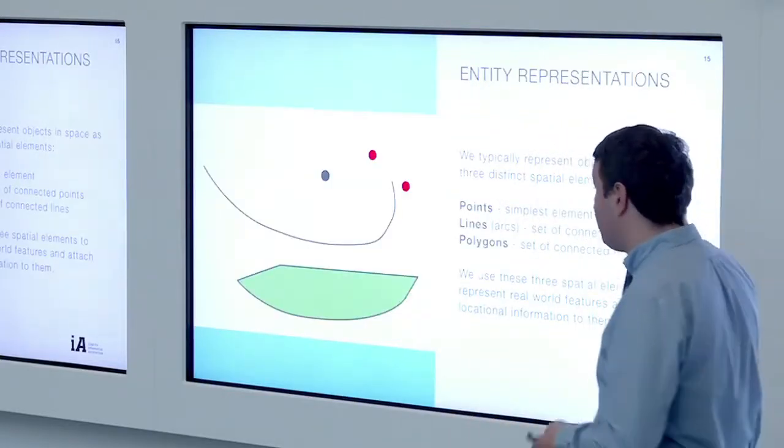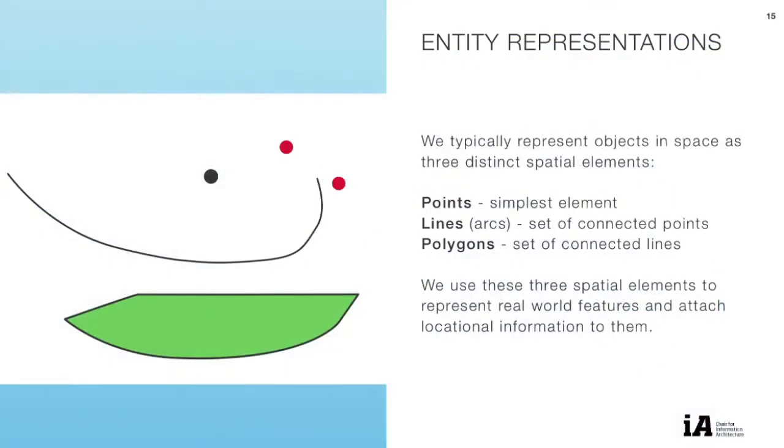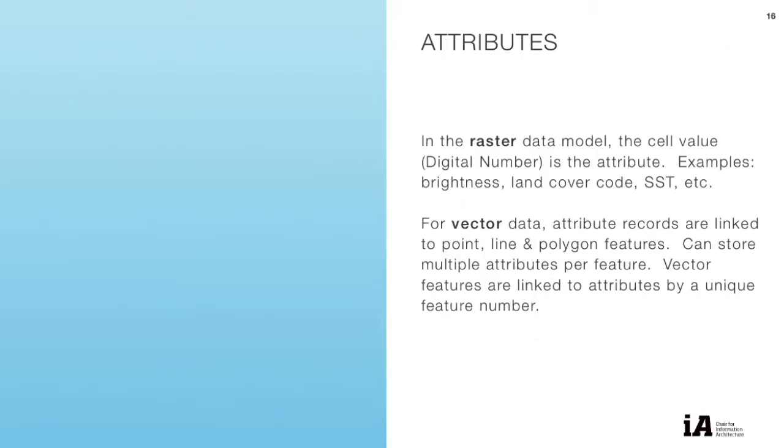So what are the typical objects that we use in a GIS system? It's really basic, but it's important that you have seen it. Points, lines, and shapes, where shapes are polygons, and so on. I think the definition is quite clear, but everything is connected to a GIS coordinate. This is important here. In the raster data model, the cell value is the attribute.